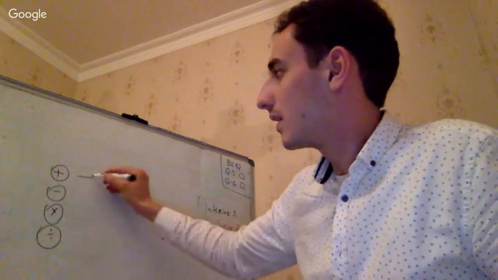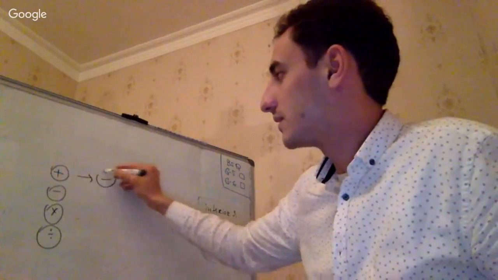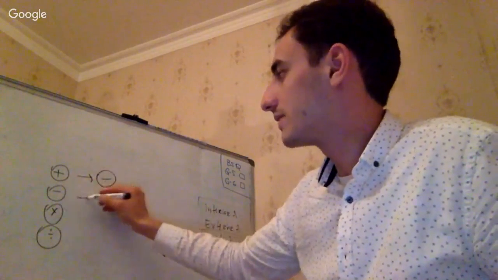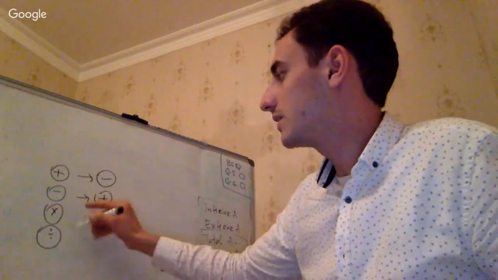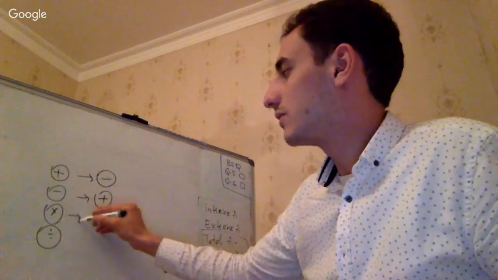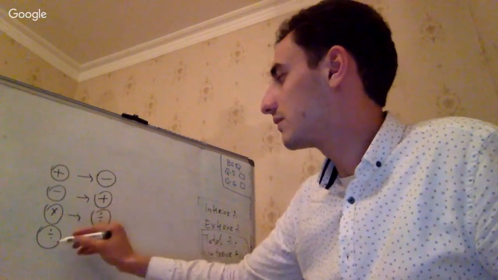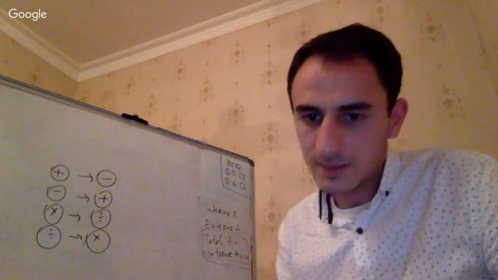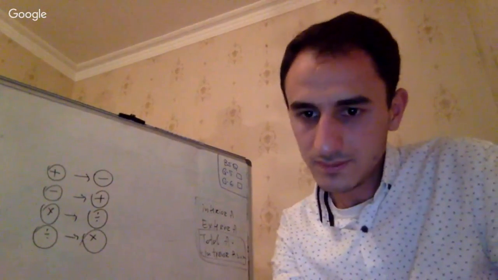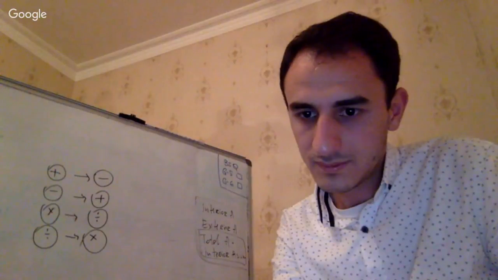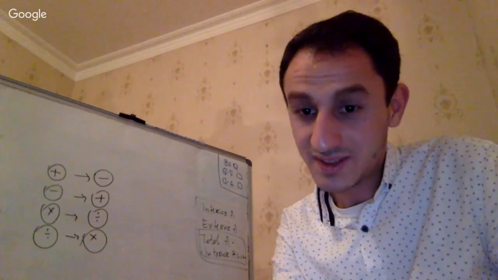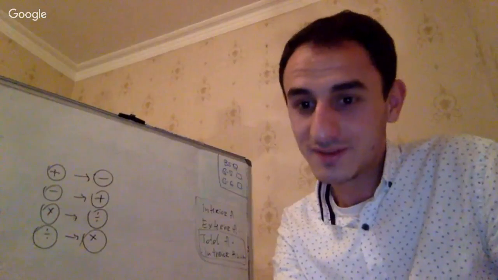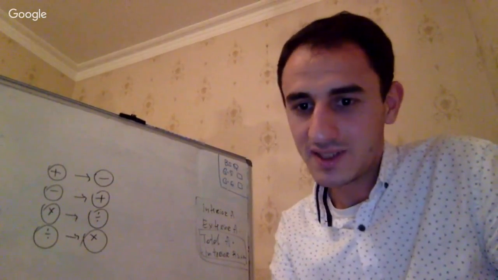For addition, the inverse is subtraction. For subtraction, the inverse is addition. For multiplication, the inverse is division, and for division, the inverse is multiplication. Basic idea. So now it's more interesting than reading a book. I hope it is.